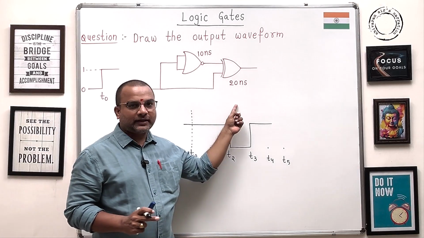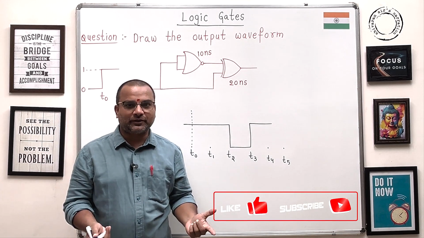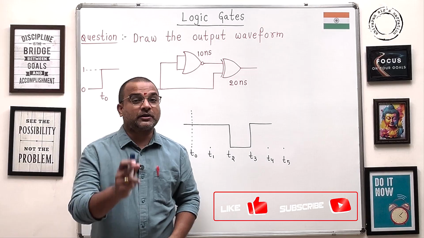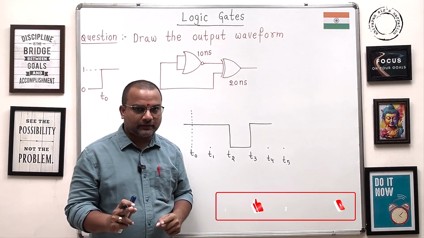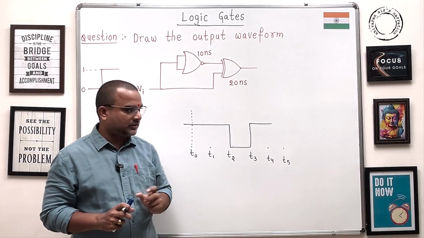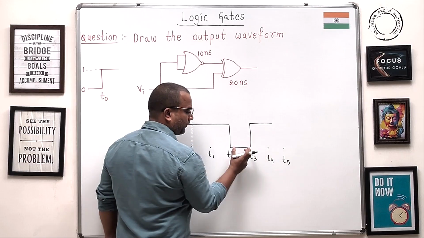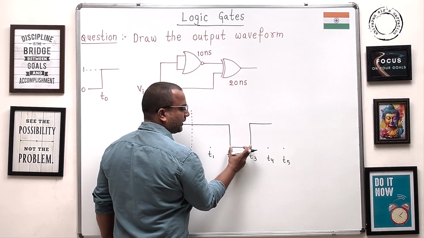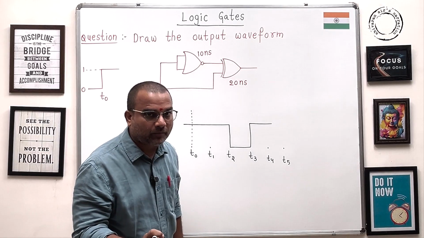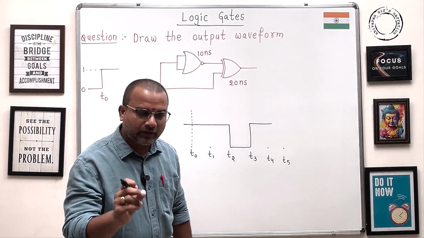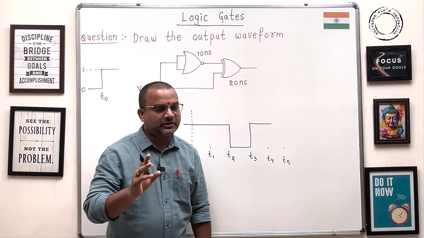Hence XOR gate output is always logic 1 only because of different inputs. But because of the propagation delay, you are getting some sharp transition. See, here also the output is high only, but for some time it is logic 0 also. This is the biggest problem called glitches in combinational circuits because of the propagation delay.